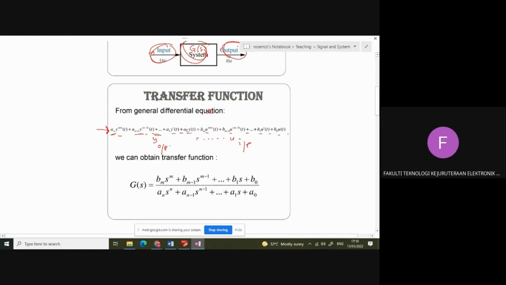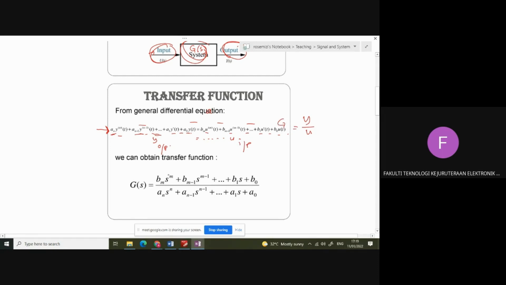So we have to rearrange all this equation to become Y over U. Just rearrange it. Y over U is G. This is a transfer function.